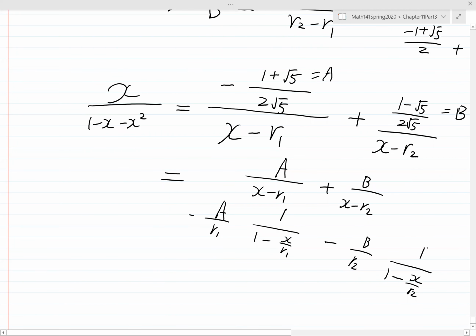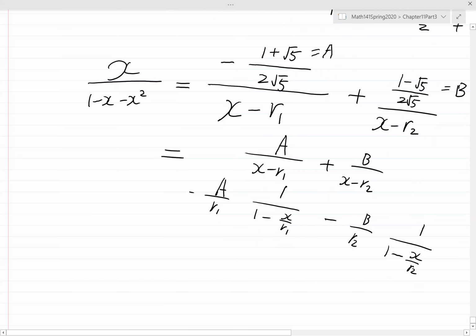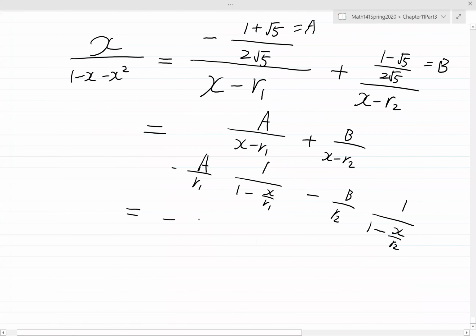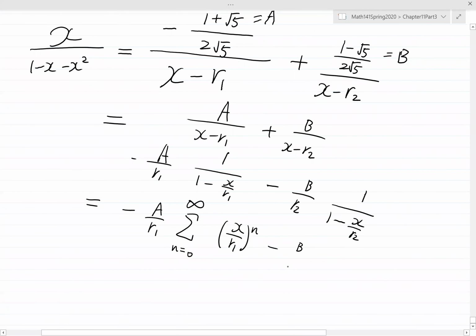Finally we can expand. So this is negative a over r1 sigma, n from 0 to infinity, of x over r1 to the power n, minus b over r2 sigma, n from 0 to infinity, of x over r2 to the power n.